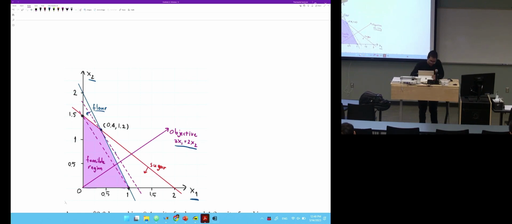So you know that the optimal point must be a corner. And now, once I fix the objective, it depends on the direction of the objective which corner is the best one.